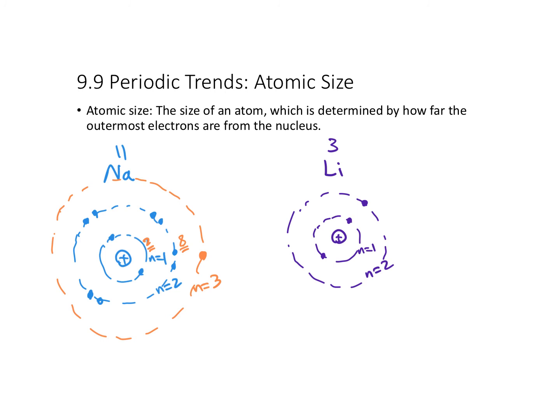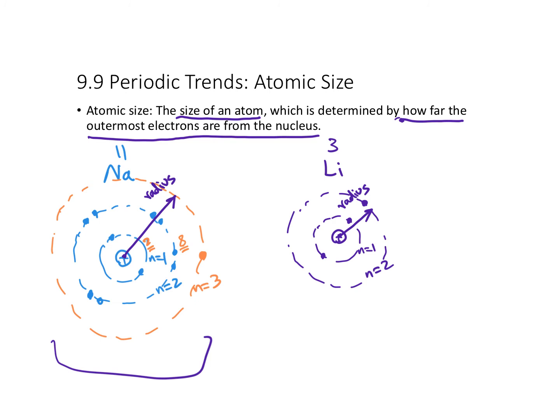So let me define again how we define atomic size. We define it by how far the outermost electrons are from the nucleus. So this is the atomic radius, and then this is the atomic radius. Which one is larger? Sodium is bigger, right? So when you have more shells, your atom becomes bigger. Does that make sense?